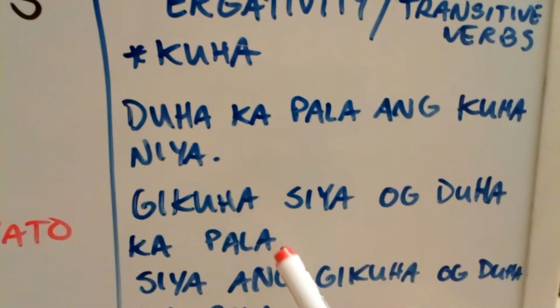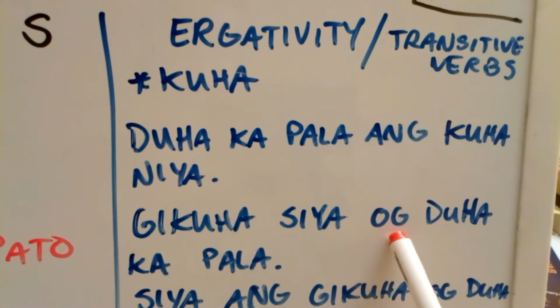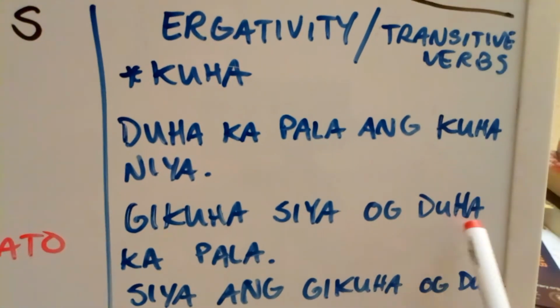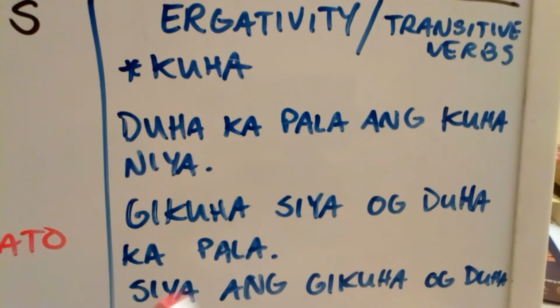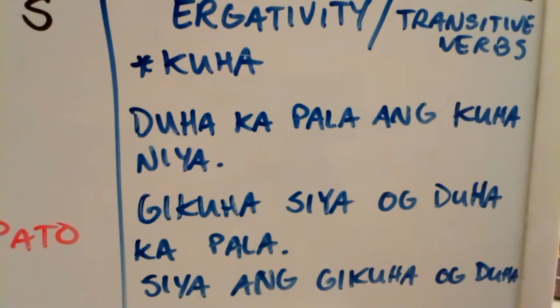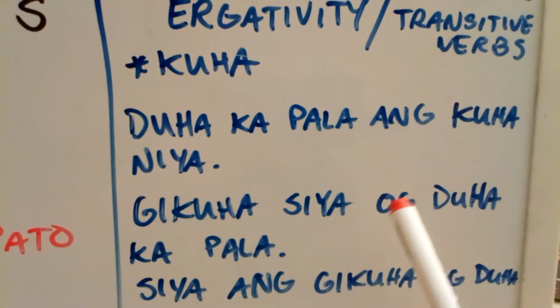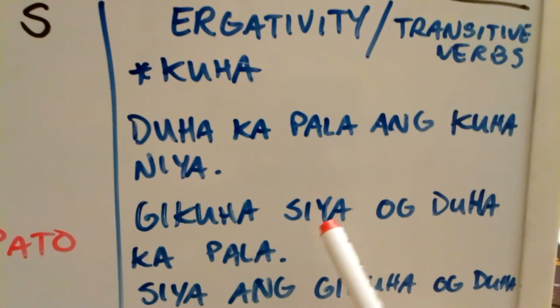Gikuha siya og duha ka pala. Now look, there's this og marker here, and that og is indicating the object, the objective form. So og duha ka pala is going to be the object, right? That we're not focusing on, it's like a focus of the object. Those are the two things that he, siya, was taking. Look at this.